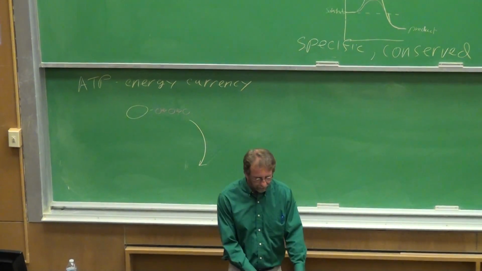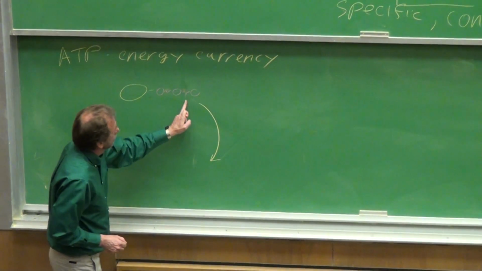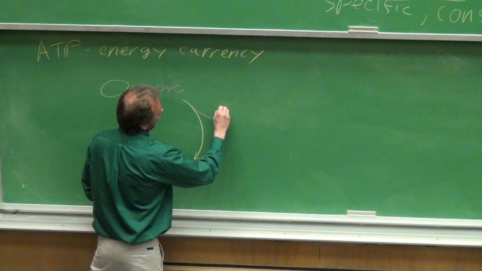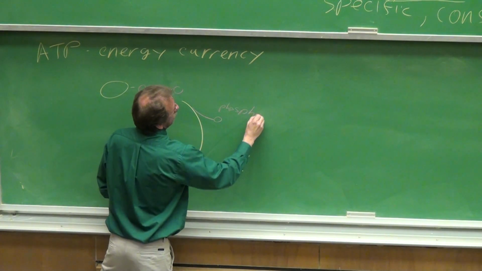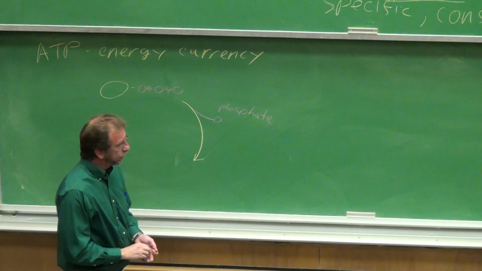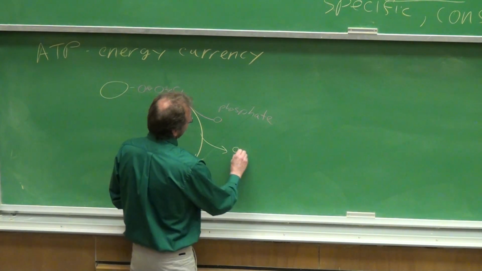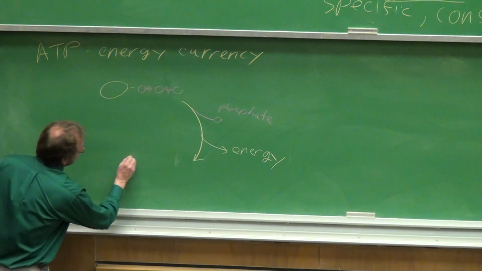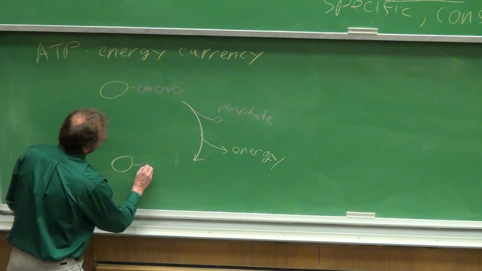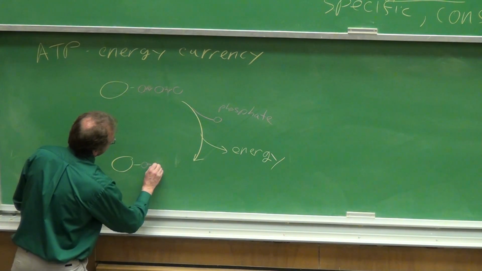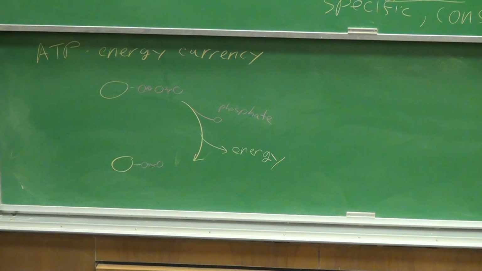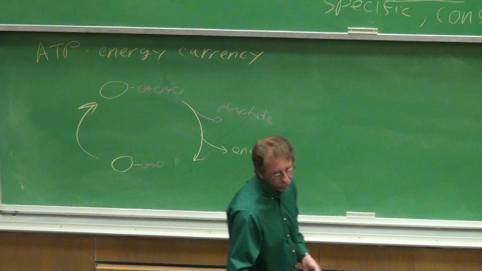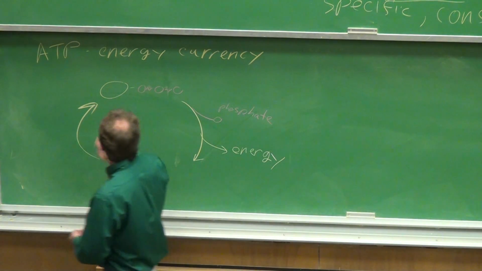When work is being done, we can break this bond here, releasing a phosphate and releasing energy, leaving adenosine diphosphate, which we will use when we are breaking glucose down to reestablish ATP.